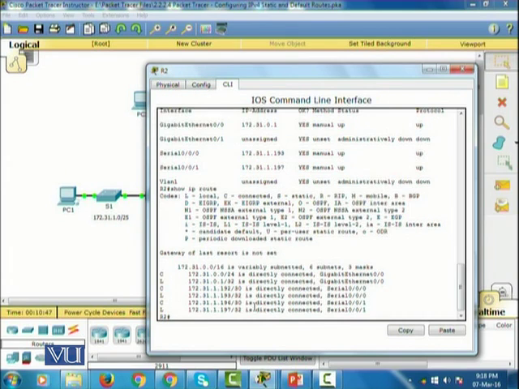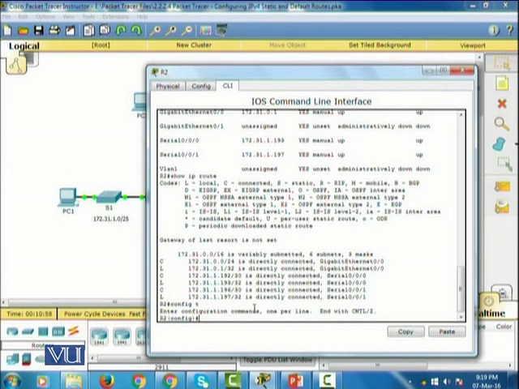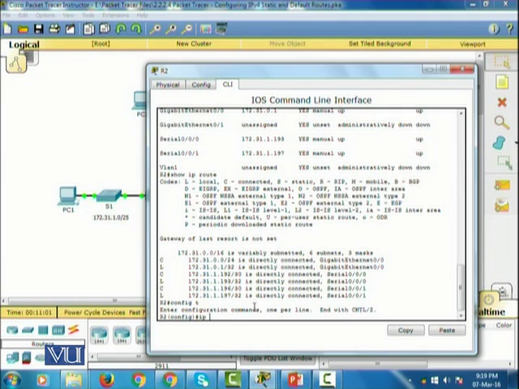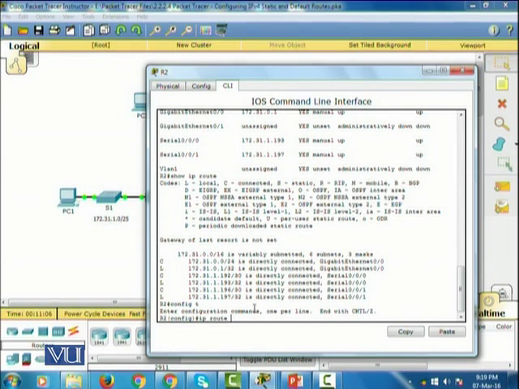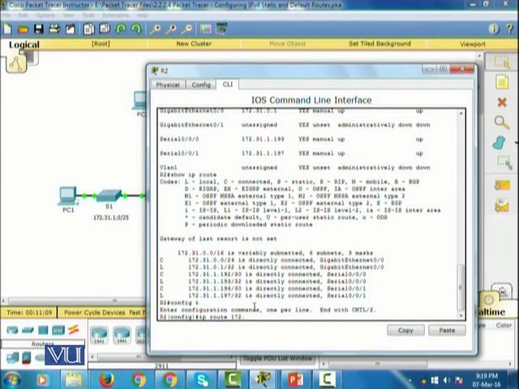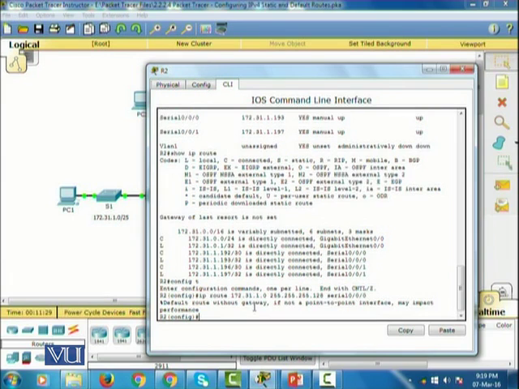So let's enter 2 directly attached static entries. IP route 172.31.1.0 255.255.255.128, and the exit interface is serial 0/0/0. This is how I made the entry.